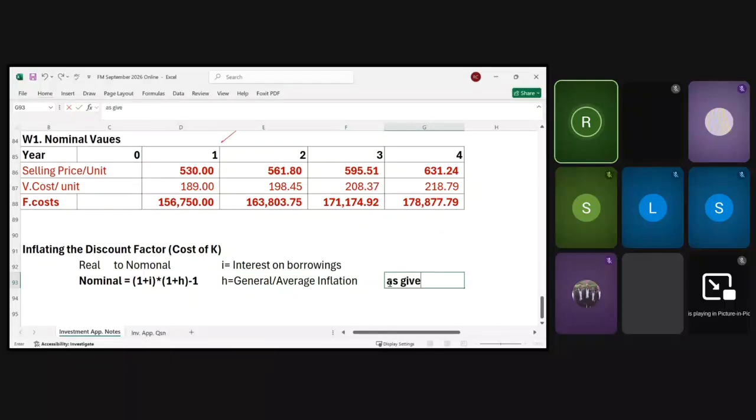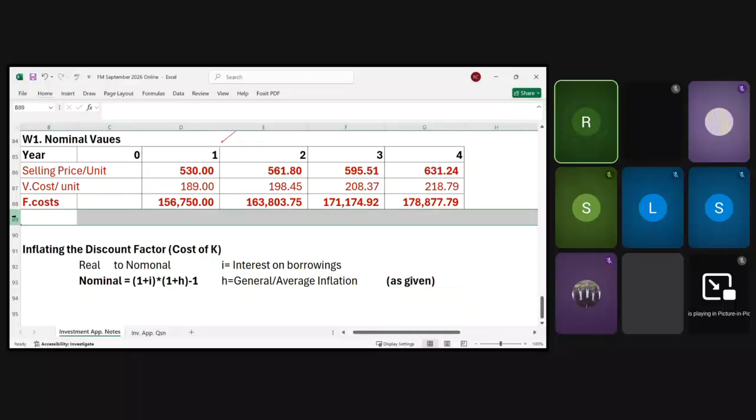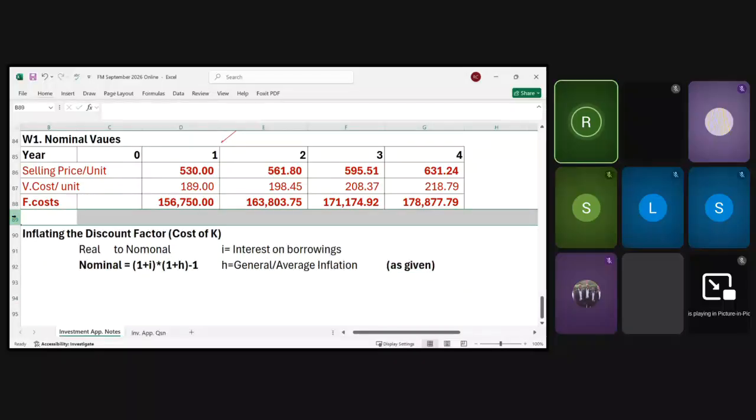If the examiner requires you to inflate your discount factor, they are supposed to give you the general or average rate of inflation. No one is going to tell you to use general inflation, you just need to know this.